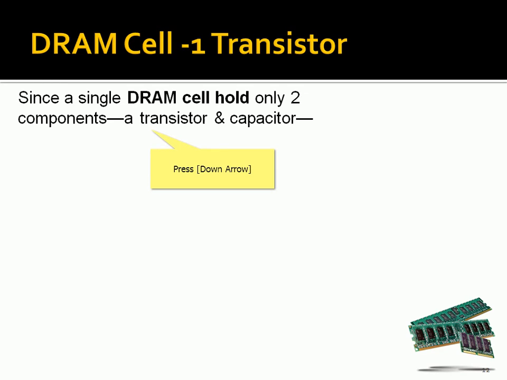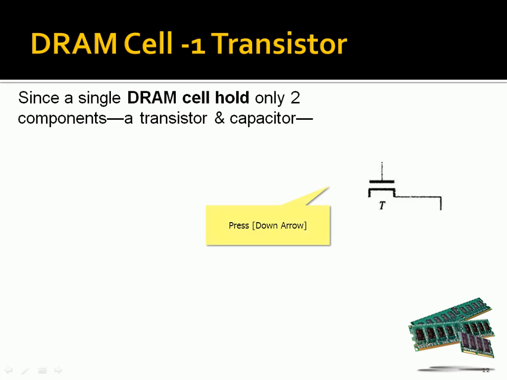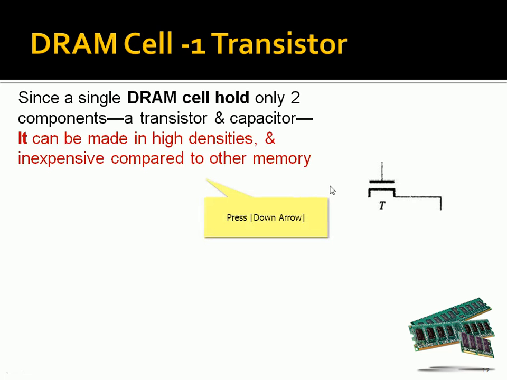A single DRAM cell has only two components, transistor and capacitor, whereas we have seen in the previous that two transistors and diodes were there. Similarly, in the architecture of the DRAM cell, there is one transistor and one capacitor.